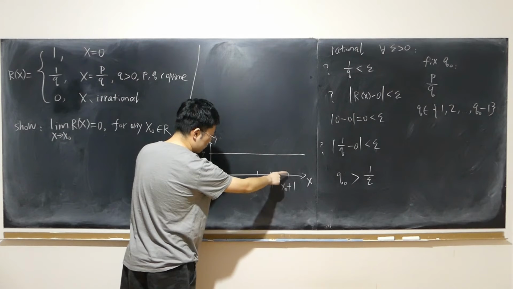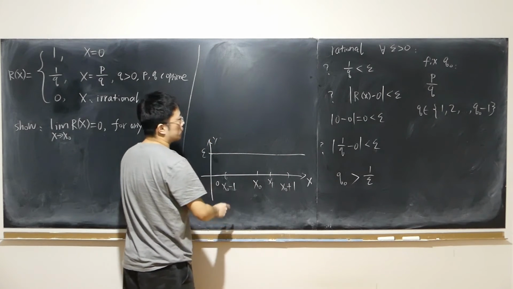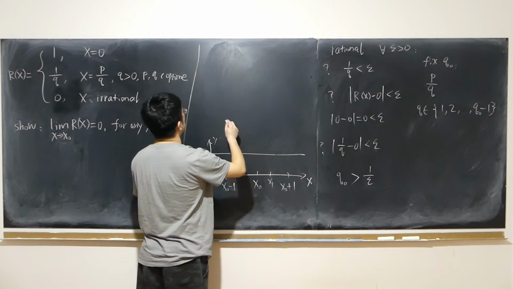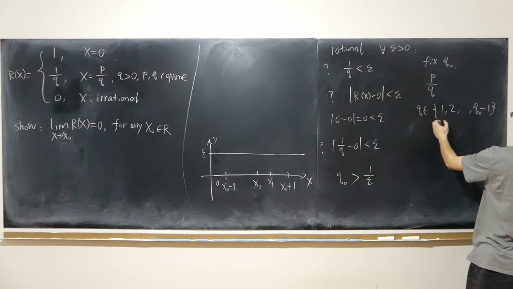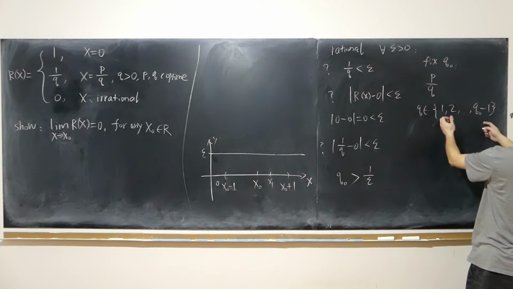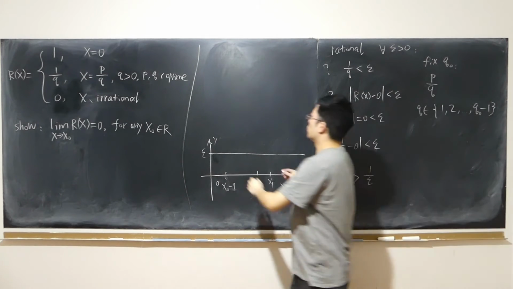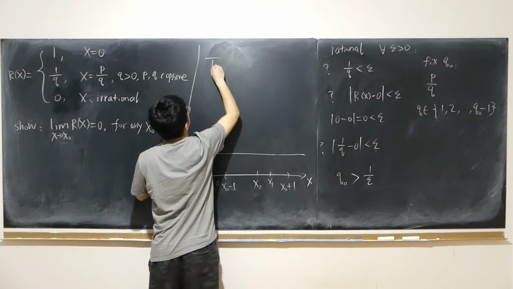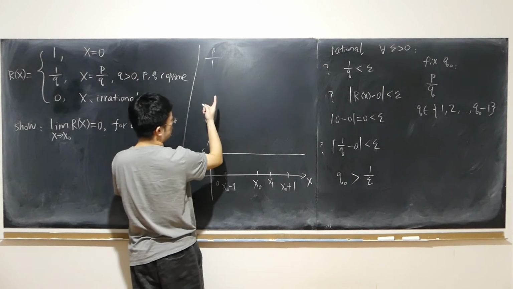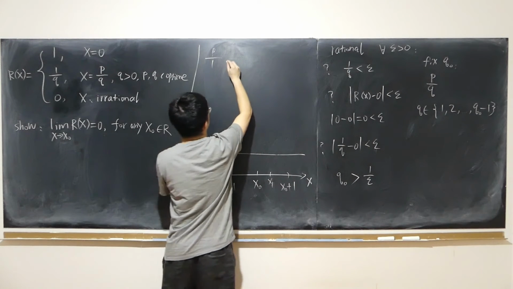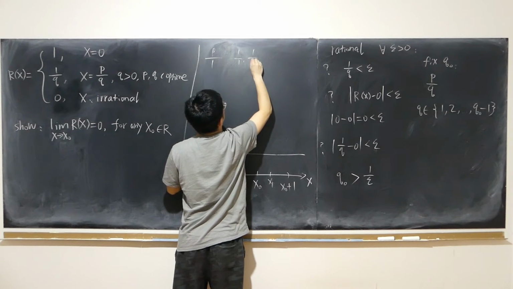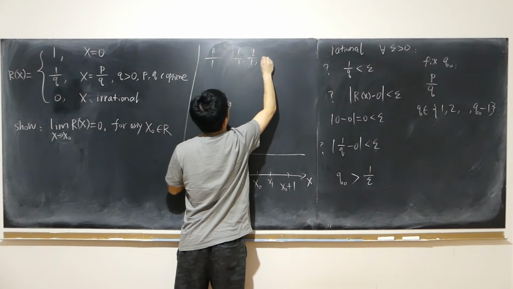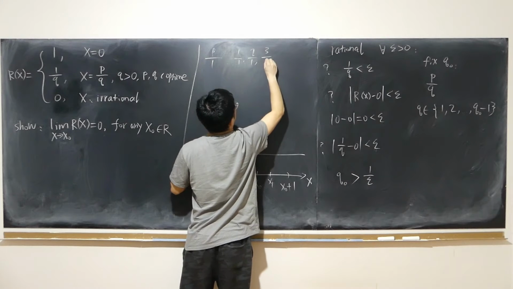Now I'm looking at this relatively bigger neighborhood. Within this bigger neighborhood, I'm looking at, like I said, p over q. Q is chosen from this finite set, 1, 2. So I'm looking at p over 1. P can change, for example, 1 over 1, 2 over 1, 3 over 1.